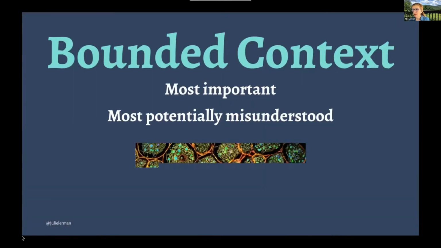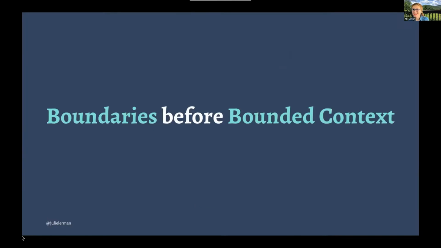And we'll go forward instead of backwards. So I didn't understand bounded context for quite a while, though I was using other ideas from domain-driven design. But what I did understand, the first thing I understood, was the boundaries. I understood about using the boundaries.